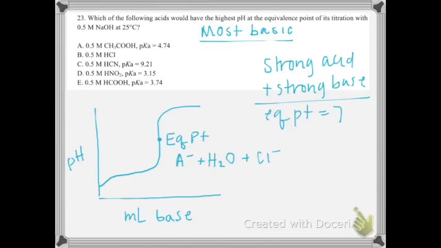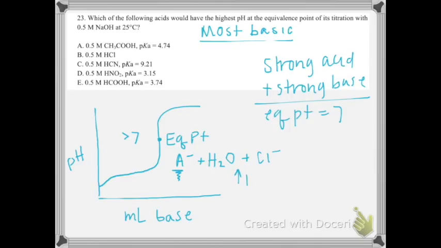Okay. And the equivalence point will be greater than 7 when we have a weak acid being titrated with a strong base, because we have that conjugate around. And it'll be even higher, right, if the A minus is stronger.